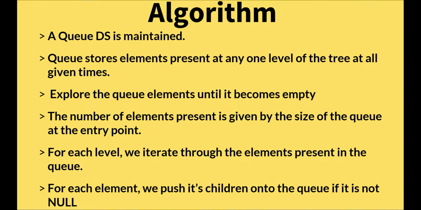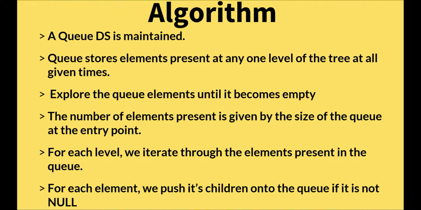Using this information, we can now run a for loop from i equal to 0 to size and explore each of those elements present in our queue one by one. And while exploring those elements, we can push on their children onto our queue if those children are not null. And inside that, we can do any operations that we want according to the question. So this is basically what level order traversal is.